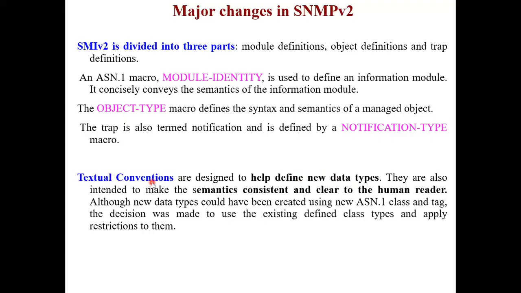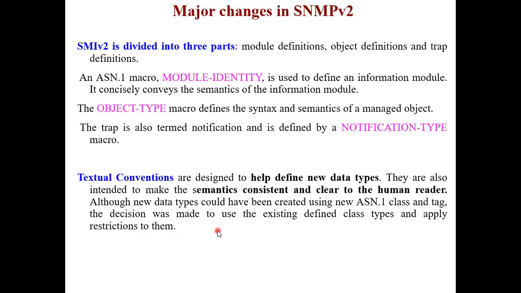And whatever, like module identity, object type, notification type, these are all the keywords. So these keywords, that is the semantics. It should be clear to the human reader, so that care has been taken. Although new data types could have been created using new ASN.1 class and tag, the decision was made to use the existing defined class type and apply restrictions to them.